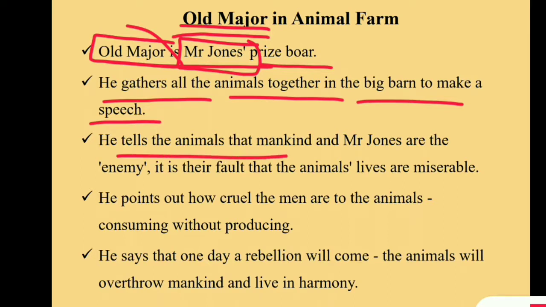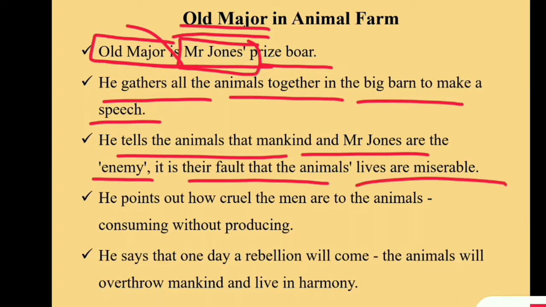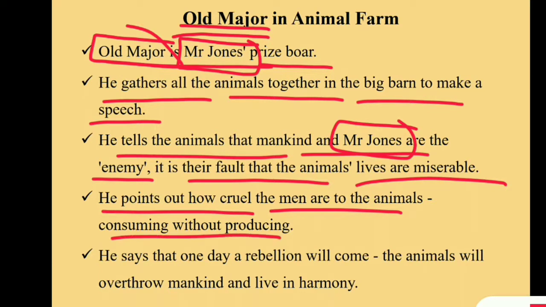He tells the animals that mankind and Mr. Jones are the enemy. It is their fault that the animals' lives are miserable. Here Old Major is the one to say all this. He points out how cruel the men are to the animals, consuming without producing.